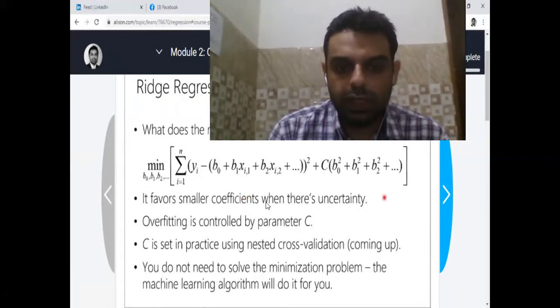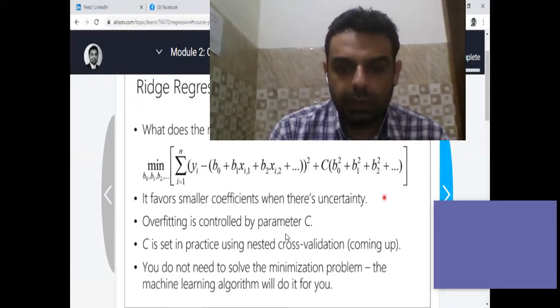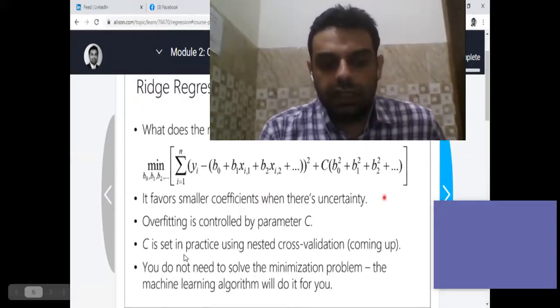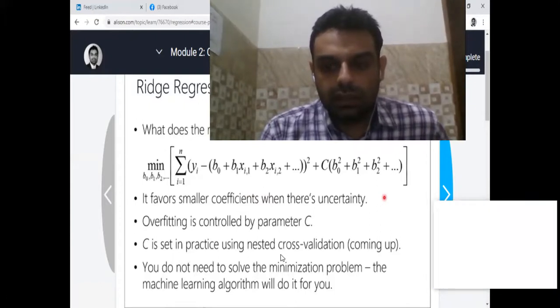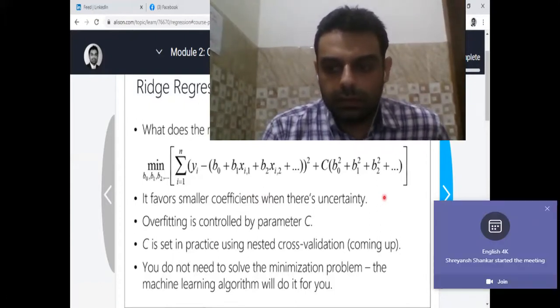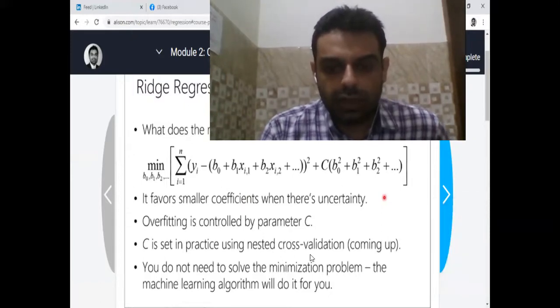So it favors smaller coefficients. It is controlled by parameter C. We'll discuss this C in the nested cross validation problems.